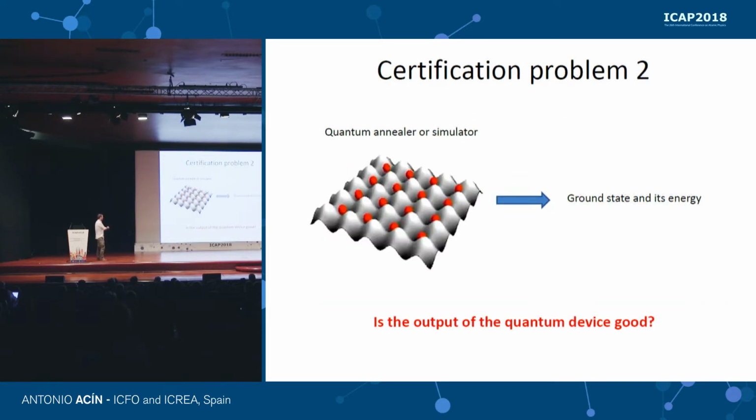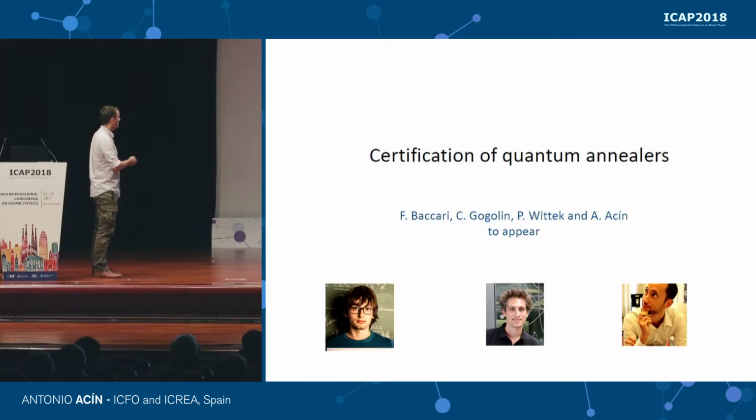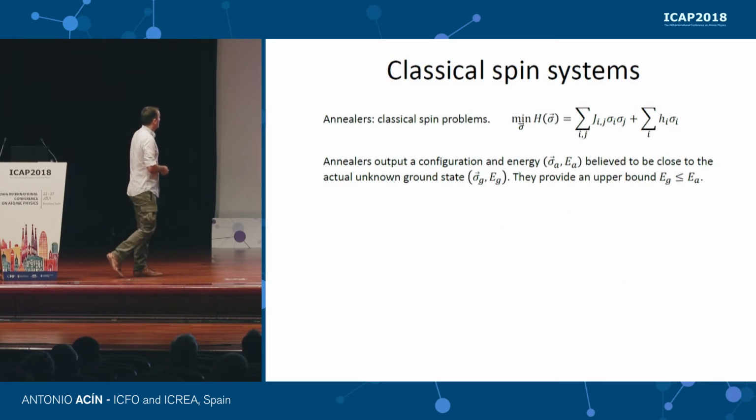Now, second problem, certification. I remind you that the problem is that I have a system that gives me a possible ground state and energy for another system, and I want to know whether this is good. This is something that we are working on with Christian, who might be here, Flavio, and Peter. For the moment, we are working on the classical problem.